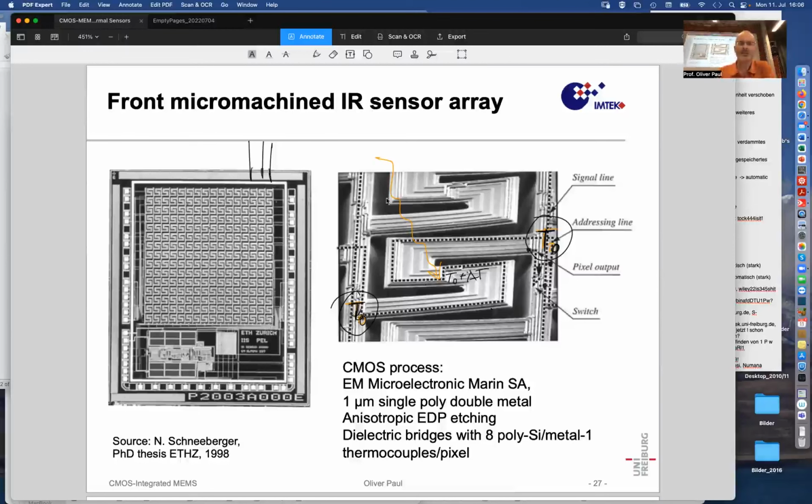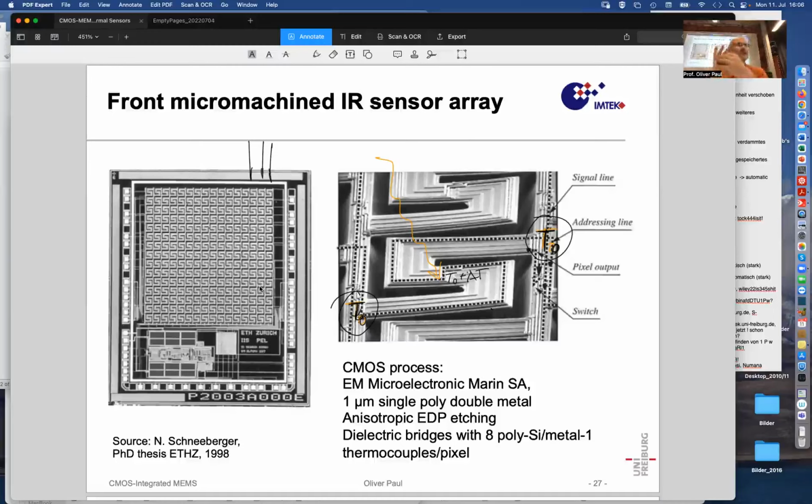Each pixel receives infrared radiation through an optics, so that an infrared picture is taken from the environment, and whatever distribution of heat sources you may have out there is then reproduced on this low resolution sensor array.